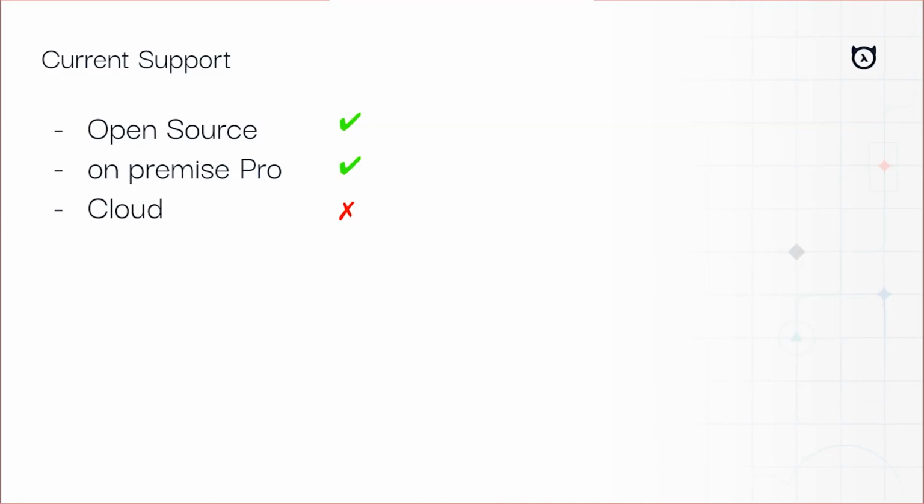In open source and on-premise pro, as a user, you have full control over the file system, and you're manually constructing the connection strings. So you can easily create your certificates, put them on your client file system, and use those file paths when you make your connection strings, and it works out of the box.